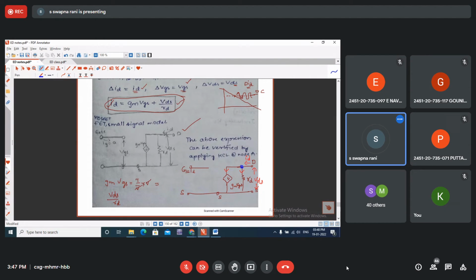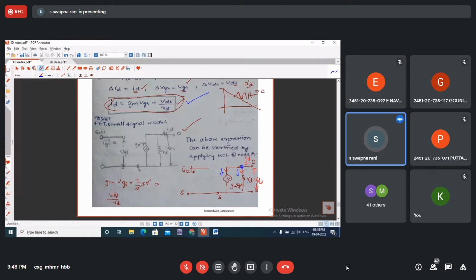the drain current, the current entering this node, ID, is equal to the sum of the currents leaving. The current in this branch is GM into VGS, and the current in this branch is VDS by RD. So if you apply KCL at this node, you will get this equation.